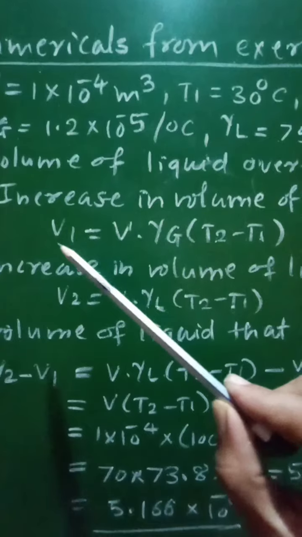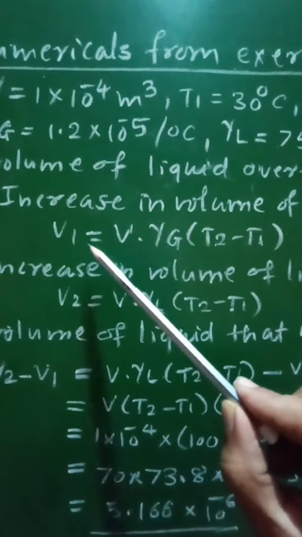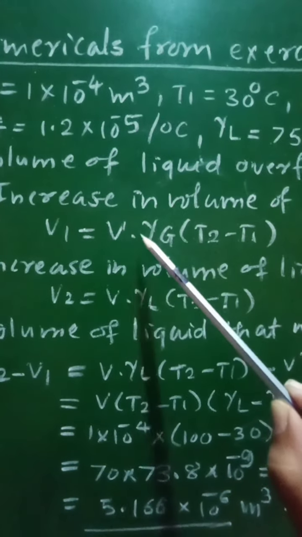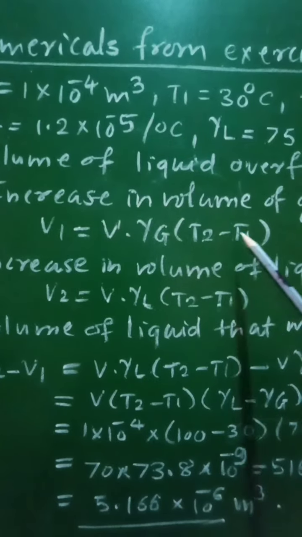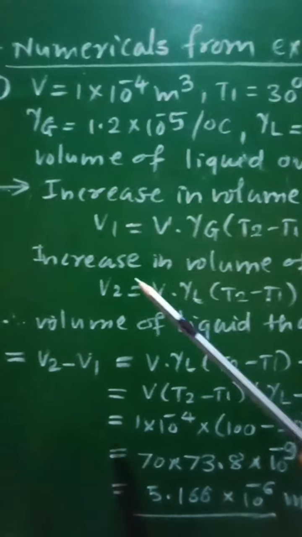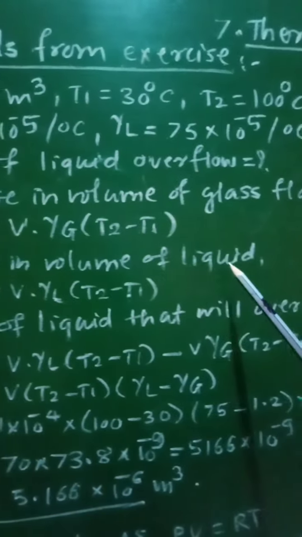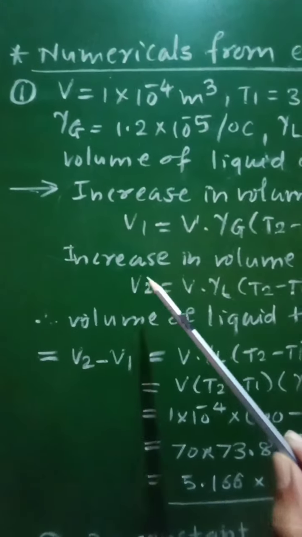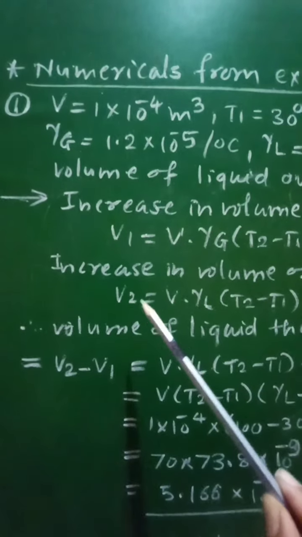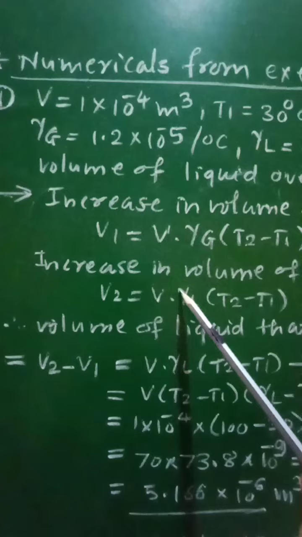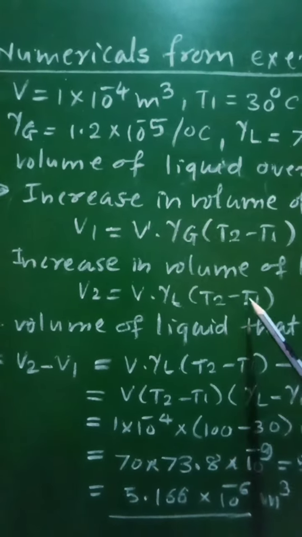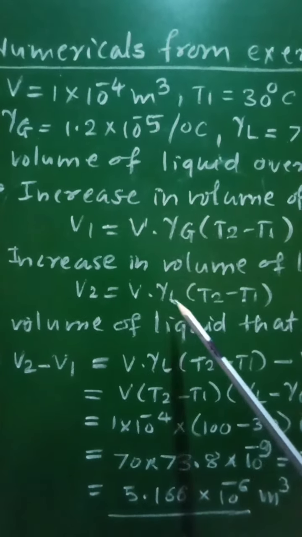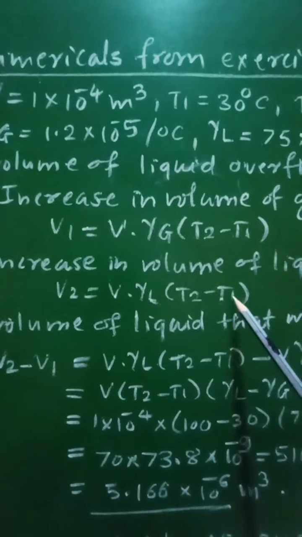Similarly, the increase in volume of the liquid will be given as Phi2 equal to Phi into gamma L into T2 minus T1.